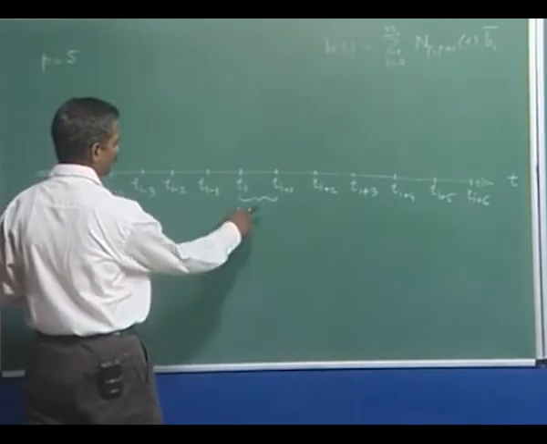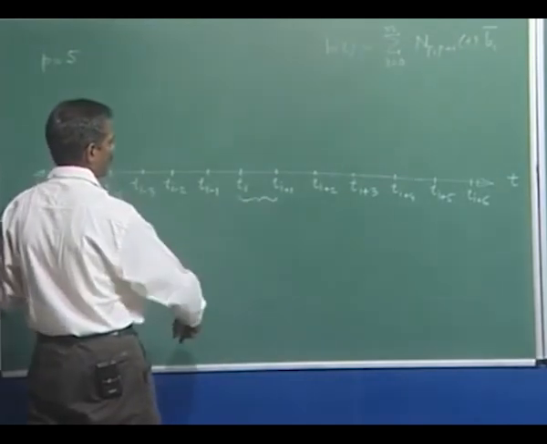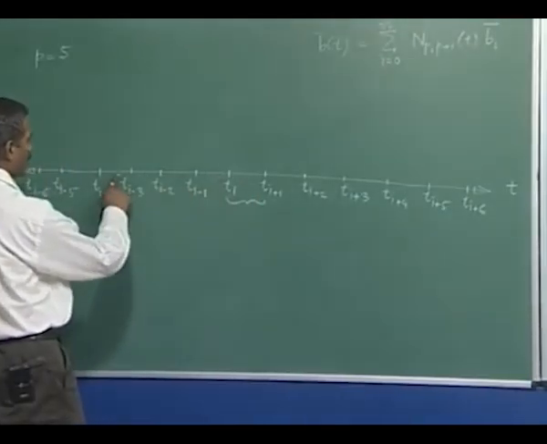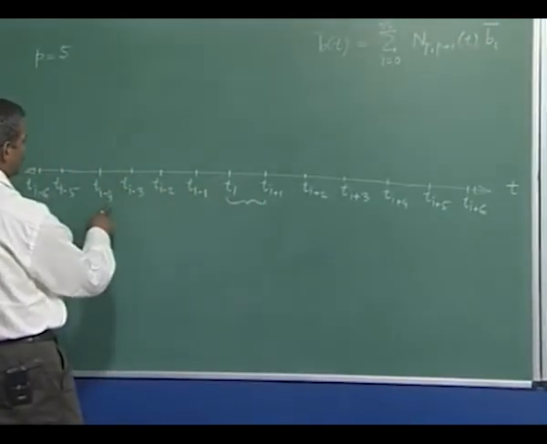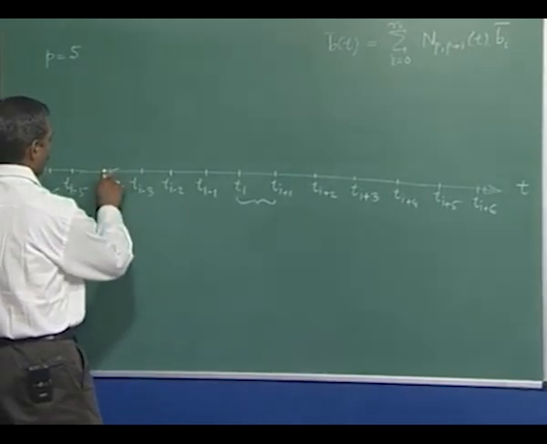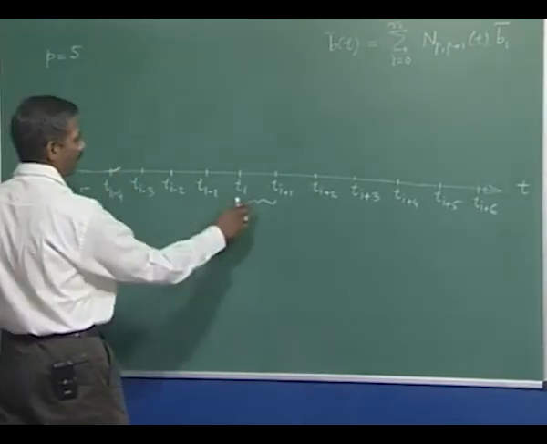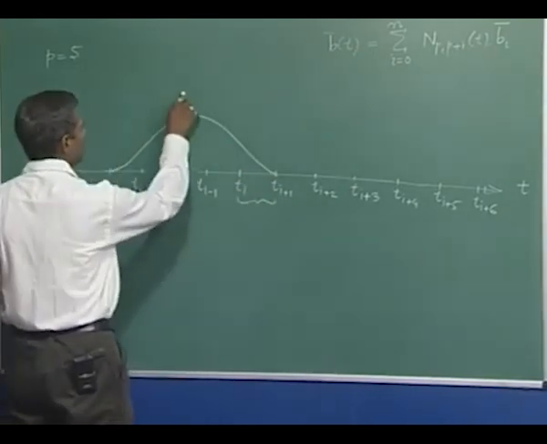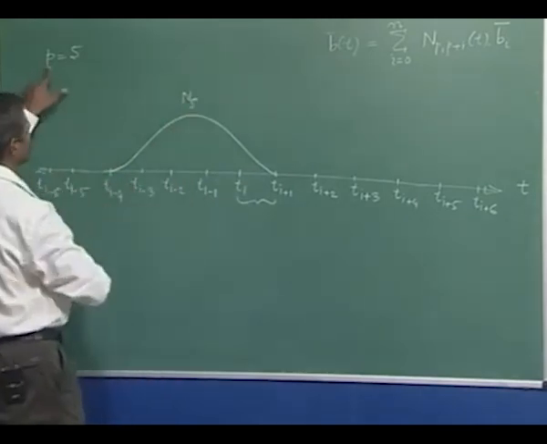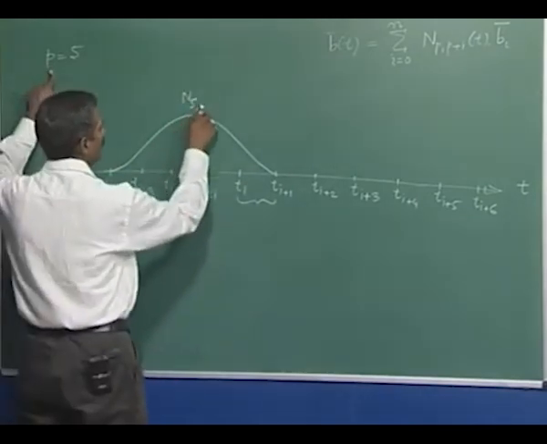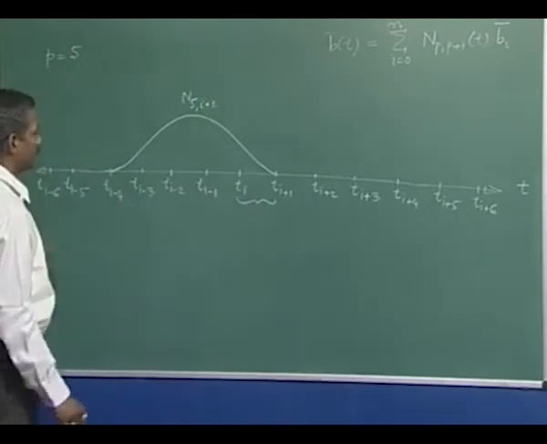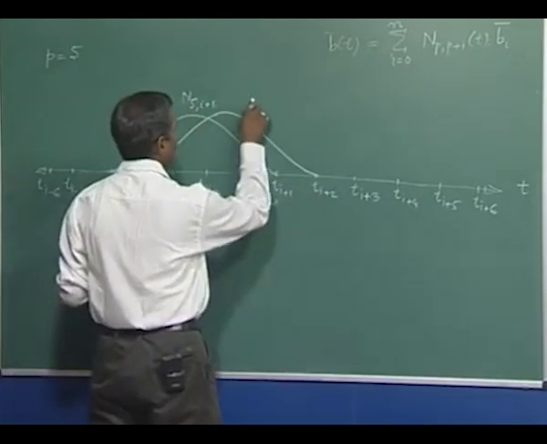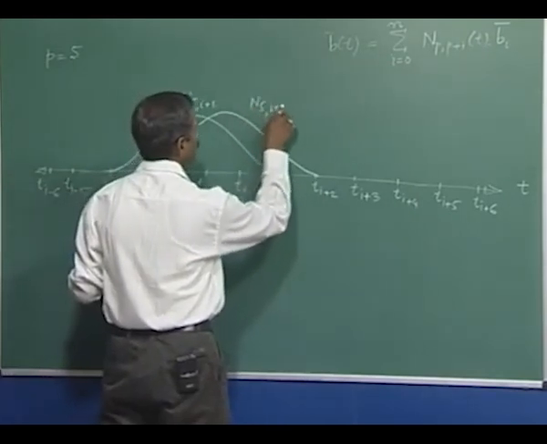The first B-spline basis function of order 5 will be standing on 1, 2, 3, 4, 5 knot spans. It will be starting from ti minus 4, and it will be ending at ti plus 1. This is N 5 i plus 1, remember. The second one, similarly, will be N 5 i plus 2.